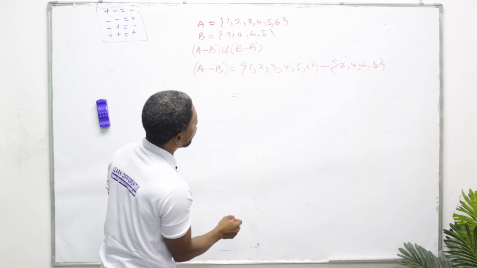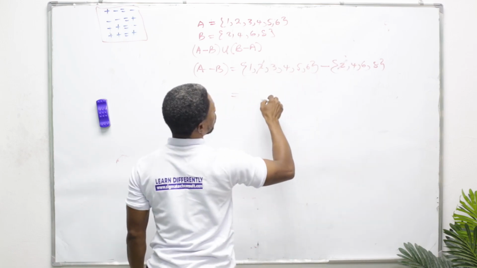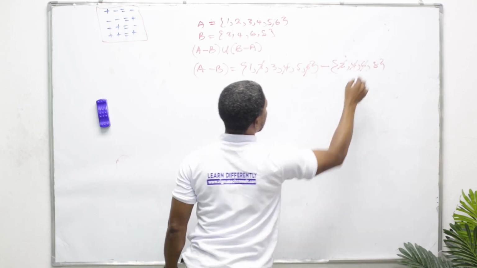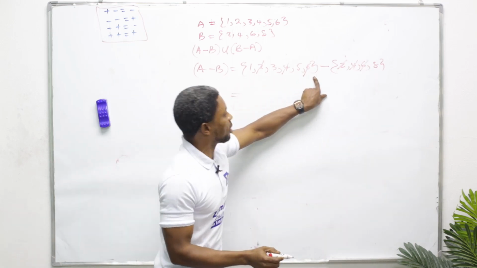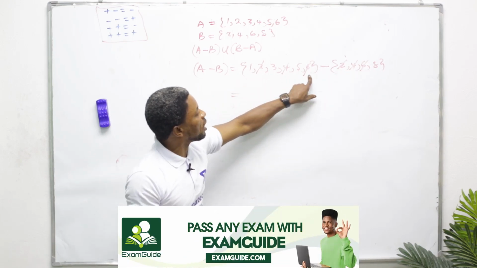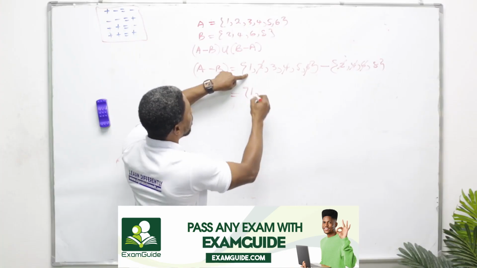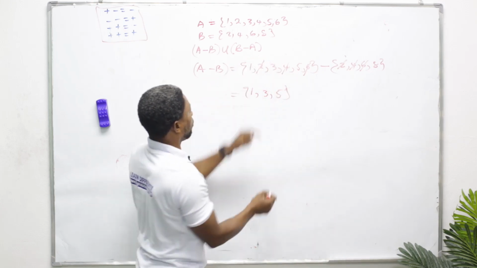Now let's subtract. Please watch me. 2, we remove this 2. 4, we remove this 4. 6, we remove this 6. The answer is always what is left in the first set, not what is here. The answer is always what is left in the first set, which is now 1, 3, and then 5.